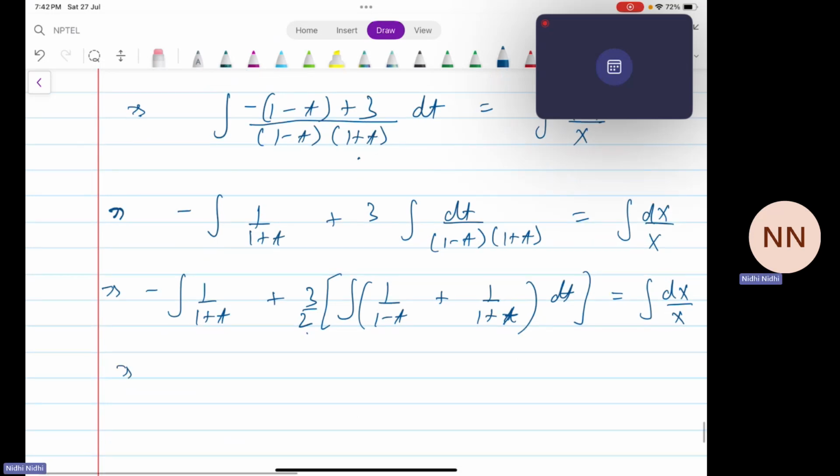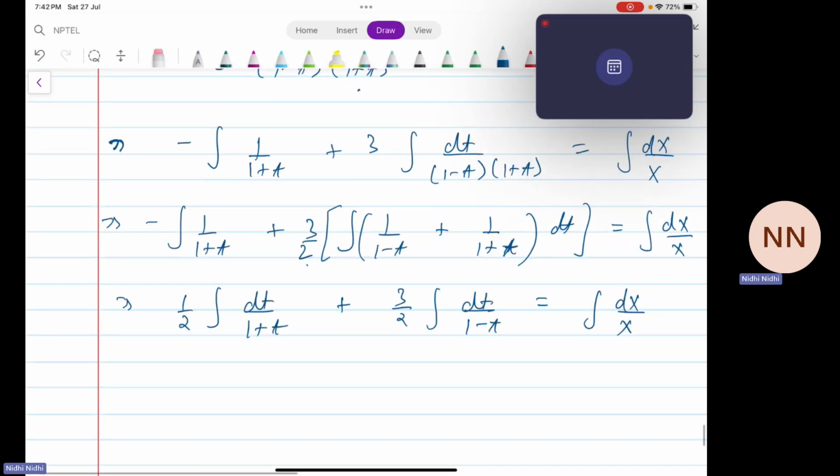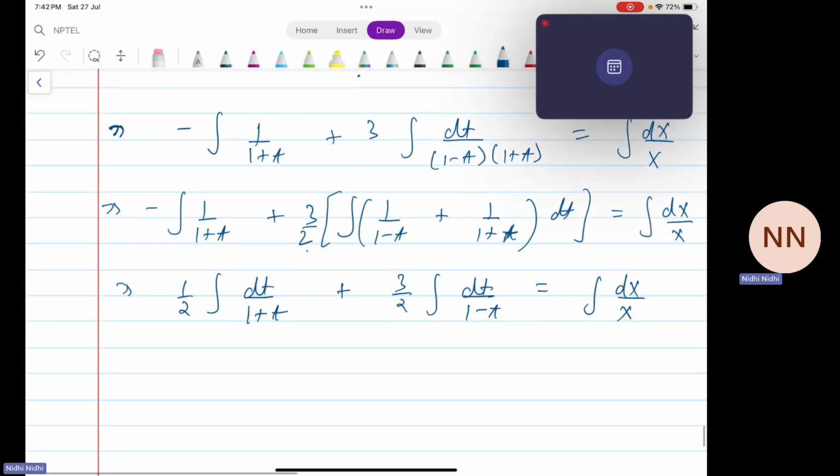So 3 by 2 minus 1 would be 1 by 2. We are left with 1 by 2 dt upon 1 plus t plus 3 by 2 integral dt upon 1 minus t is equal to integration dx by x. Now integrating both sides, we get 1 by 2 ln(1 plus t) plus 3 by 2 ln(1 minus t) is equal to ln x plus ln c.